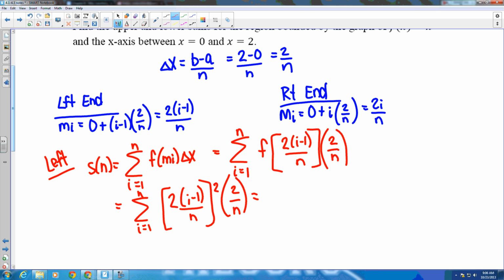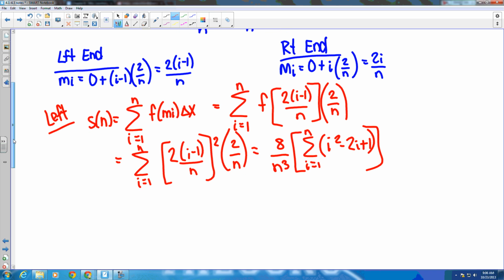Simplifying that, we square the top, so we're going to have 4 times (i minus 1) squared over n squared. We're going to pull out our n terms. We're going to have 8 over n cubed on the outside, and then the inside, we have the summation from i equals 1 to n of i squared minus 2i plus 1. So we can now break that up into 3 different summations and use our summations from the first page to simplify them.